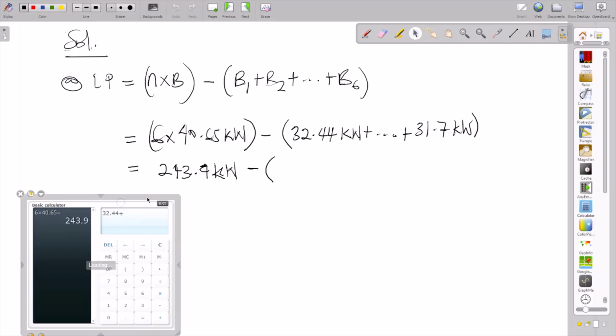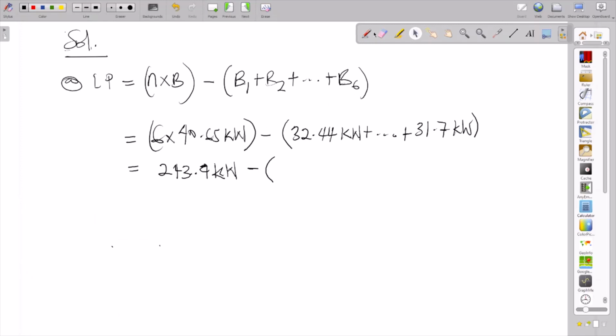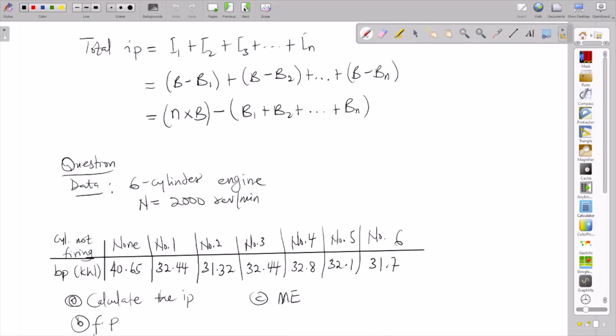So what we'll have here will be 51.1 kilowatts. We did it earlier. Then we've been asked as well to calculate the friction power.